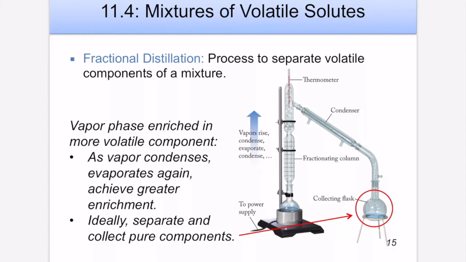So if we have an ethanol and water solution, water has a lower vapor pressure than ethanol, so we can use that property to help us separate the ethanol from the water, and that's a process called fractional distillation. Now, the animated video that I put up does have a fairly detailed explanation for how this works, but I'll just briefly go over it here.